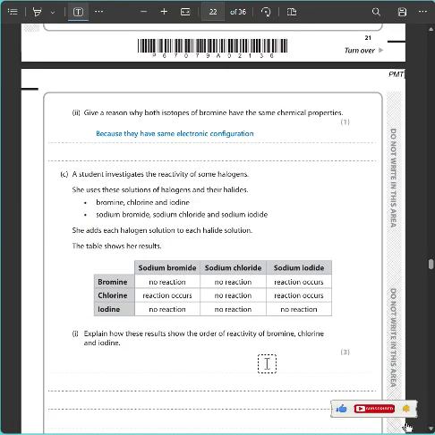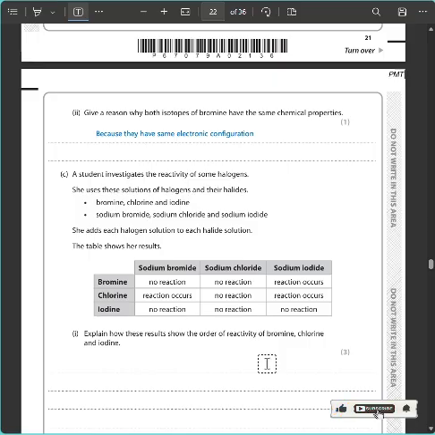Okay, C1. A student investigates the reactivity of some halogens. She uses these solutions of halogens and their halides: bromine, chlorine, and iodine, sodium bromide, sodium chloride, and sodium iodide. She adds each halogen solution to each halide solution. The table shows her results.